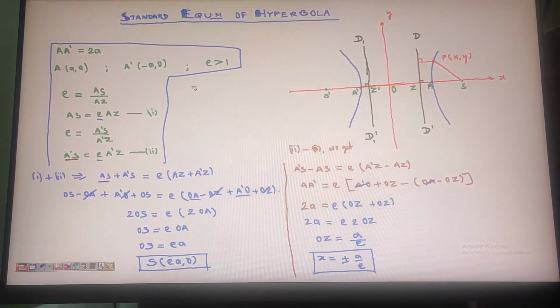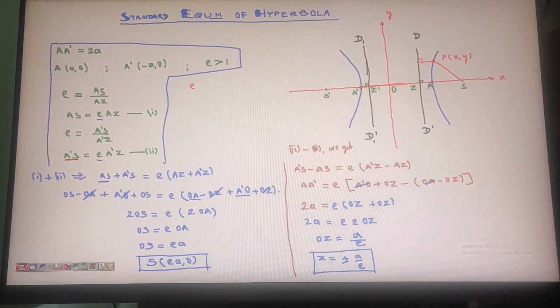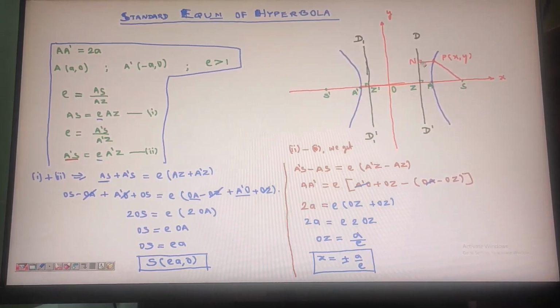This is N, because Z we have already taken. This is perpendicular, right?